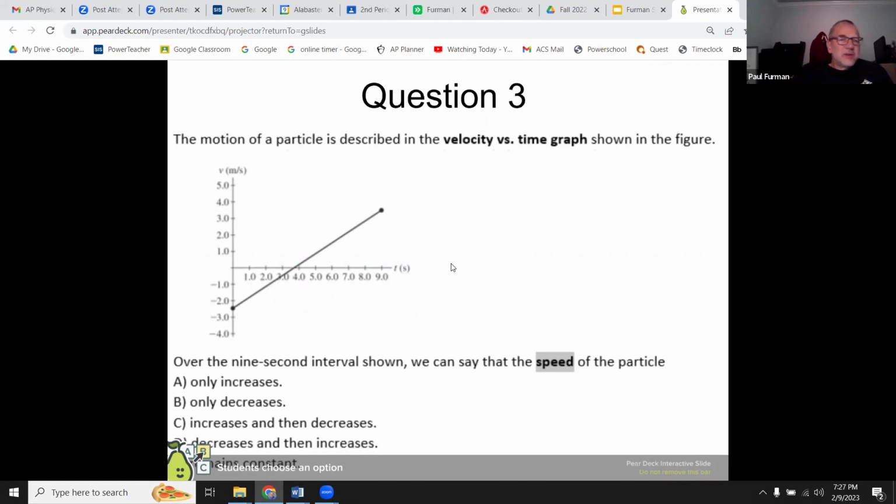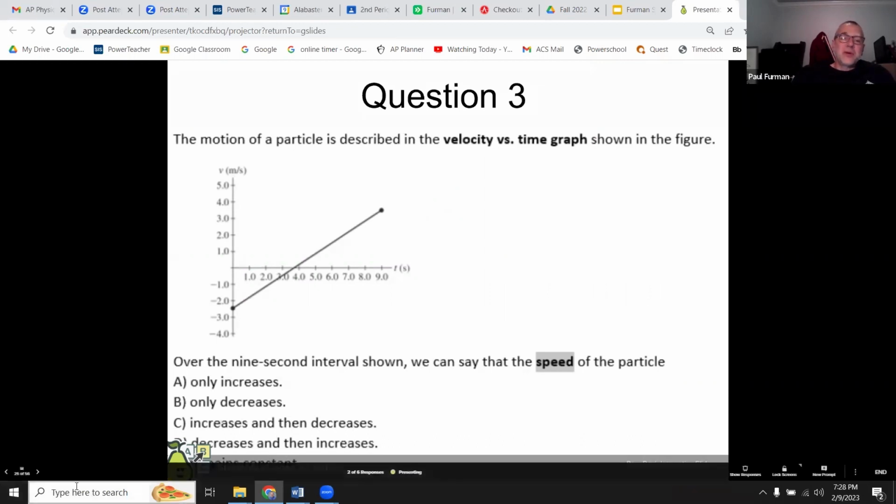Let's look at question 3 here. And we have a velocity time graph. And it says over the 9-second interval, we can say the speed of the particle only increases, only decreases, increases then decreases, or decreases and then increases.